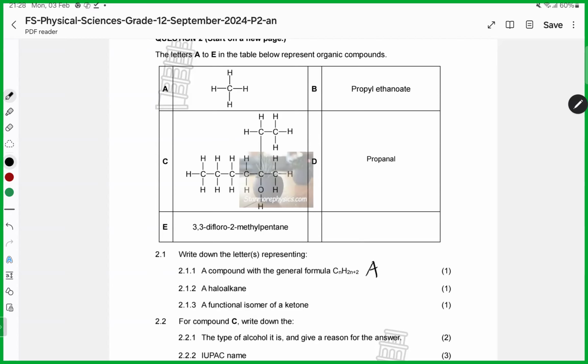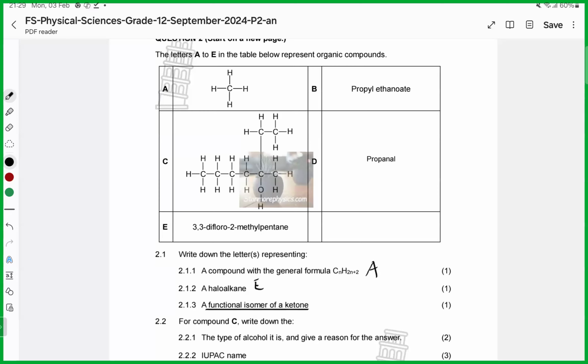Which one's a haloalkane here? E. Right. The functional isomer of a ketone is an aldehyde. So which one's an aldehyde here?